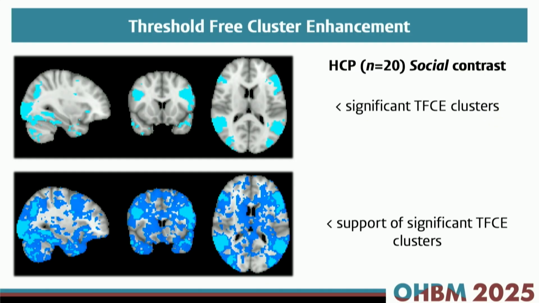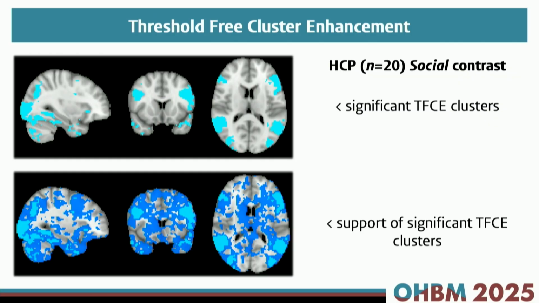For example, this is the HCP data where we had 20 participants in the social contrast. We see these clusters of activation over here, and all these regions of activation. These are the significant TFCE clusters, thresholded at the TFCE value calculated by the permutations. These areas remain significant, so you would be able to claim that there's activation there.